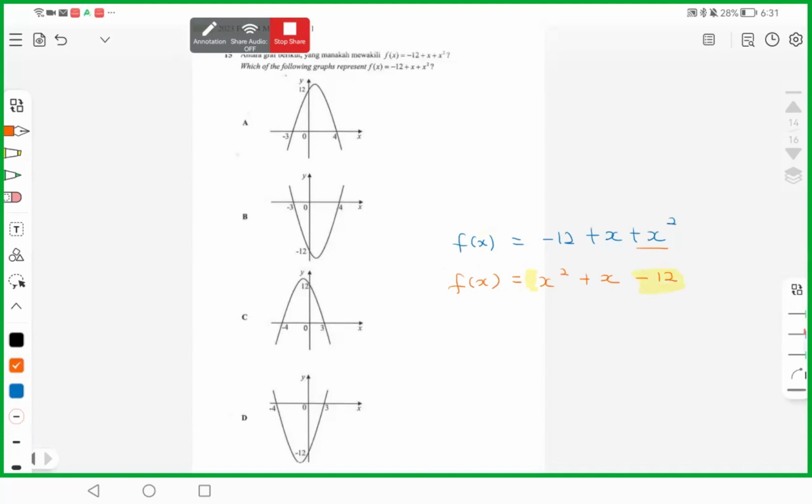You got two answers, right? You can proceed with the EQN. Find out the roots of the quadratic equation. Check the x1 and x2.